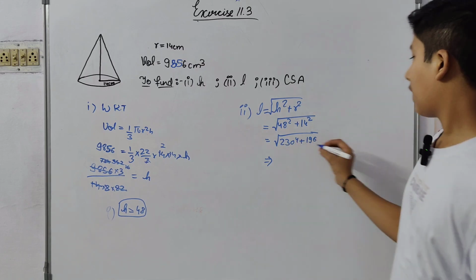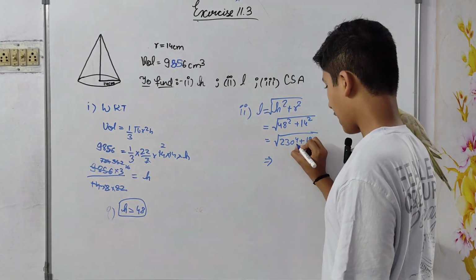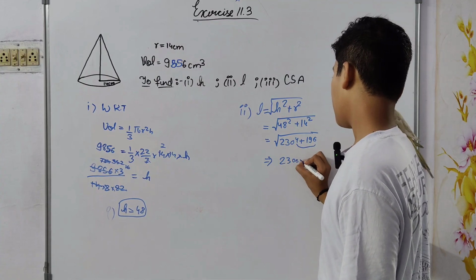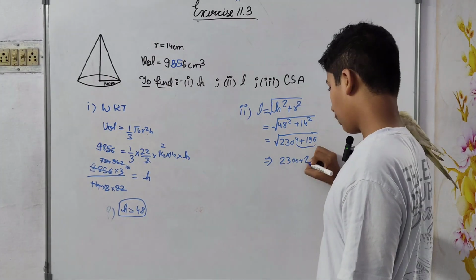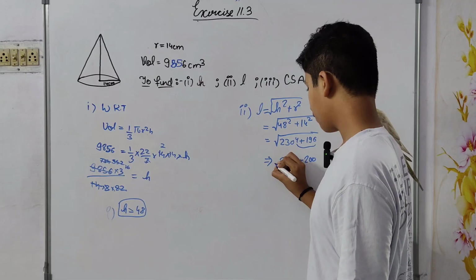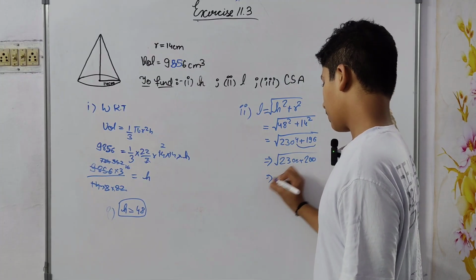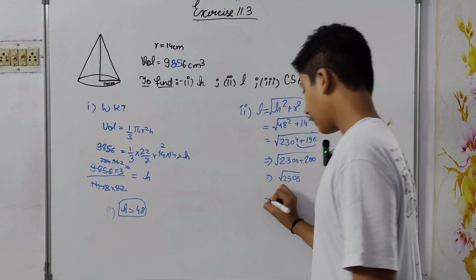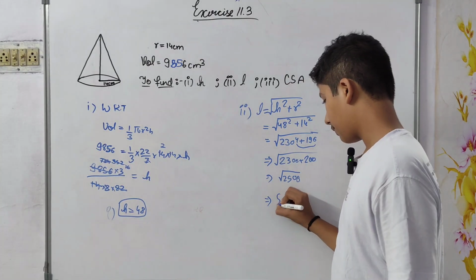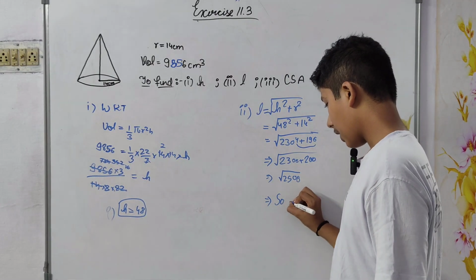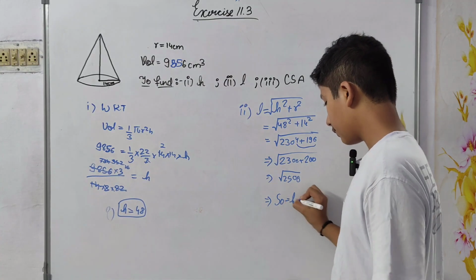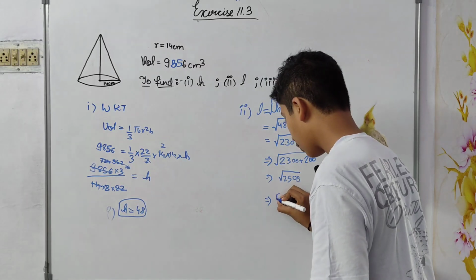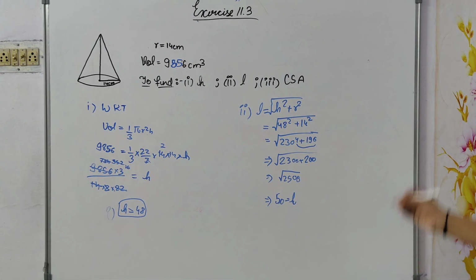So if you have confusion, you can just add this thing to this. 2300 plus 196 plus 4 is 200. You can do this thing, okay? Which would be root of 2500. 2500 root is 50. So L equals to 50 centimeter. Okay, now it is 50.